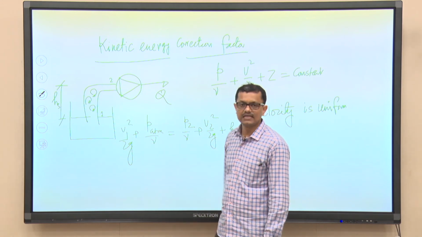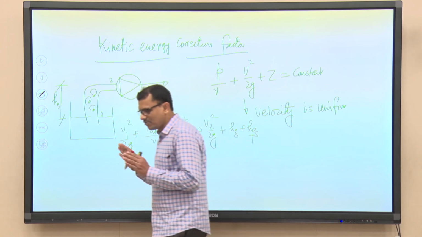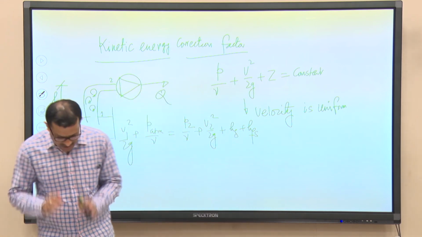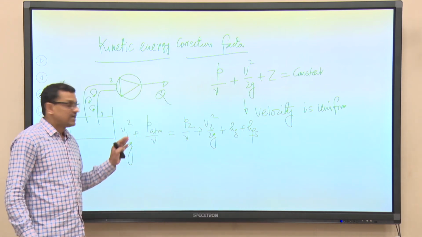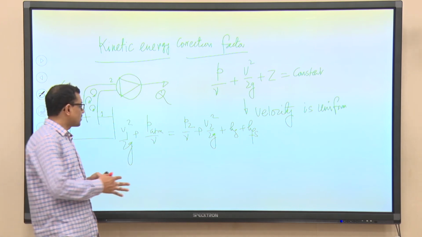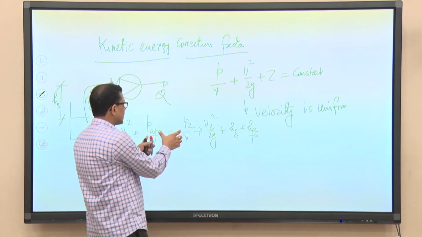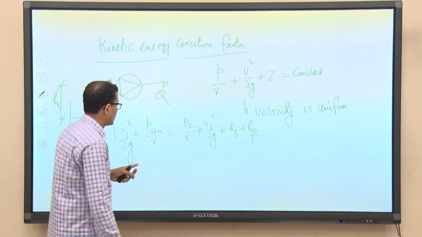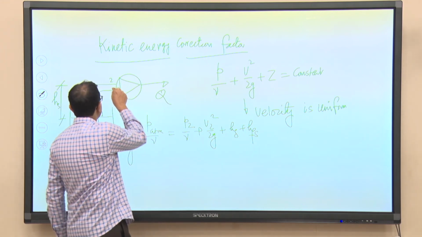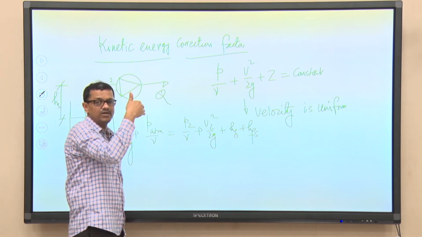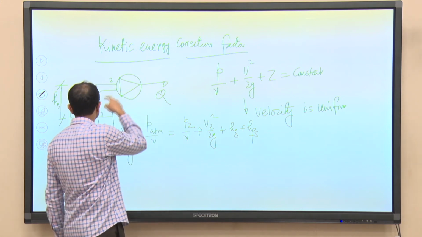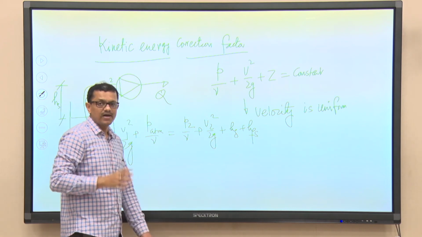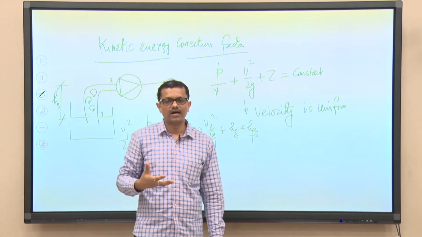So, this term is neglected. Anyway, what is important to know at this point is that if we calculate the driving pressure difference, that is P atm minus P2 by gamma, and then calculate velocity considering it uniform over sections 1 and 2, then perhaps we will be making a mistake.